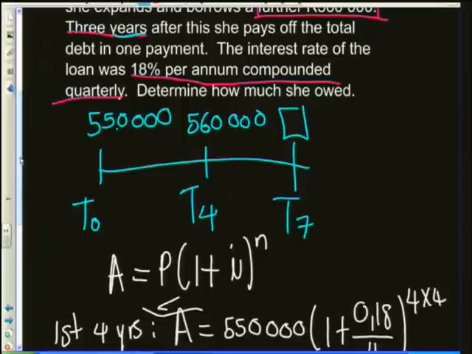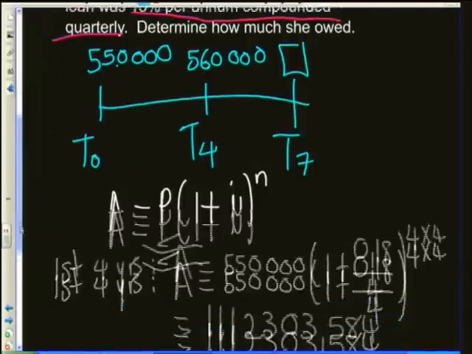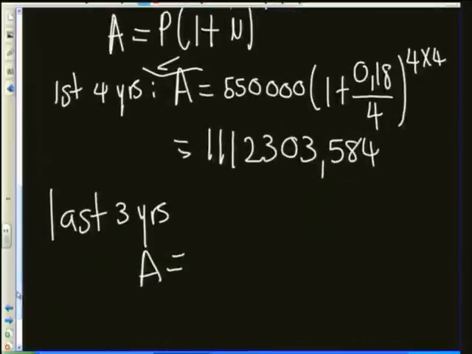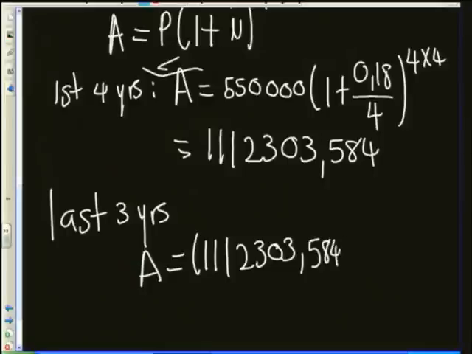It's going to be 560,000 plus the amount she got from the first 4 years, which is this 1 million. So it's going to be 1,112,303.584 plus the 560,000. That is my value of P now.